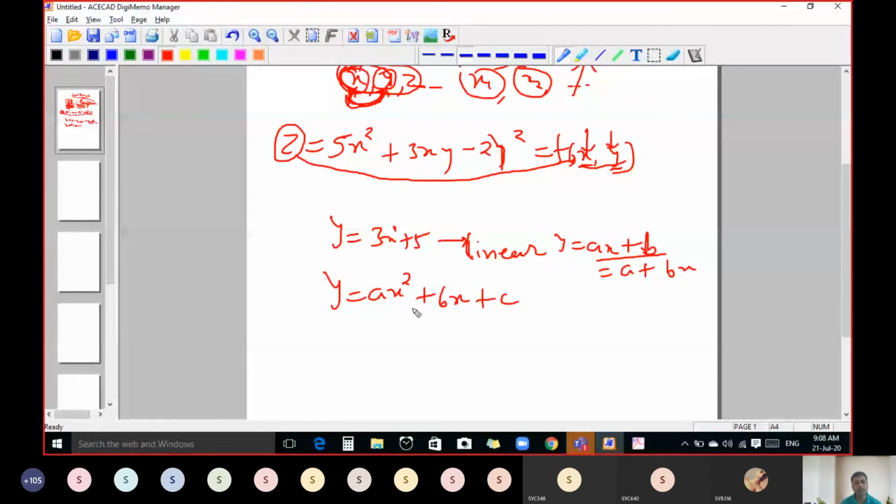Here power of x is 2, so it is known as quadratic function. Same way it's like this, ax cube plus bx square plus cx plus d. So this is known as cubic function.